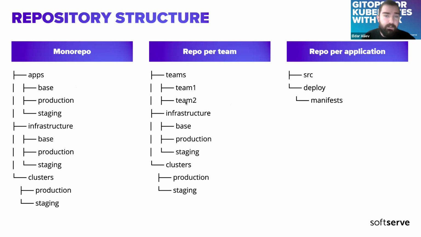When you use this second approach, it will be easier to control which teams have access to specific environments. And the last approach is the repo per application.